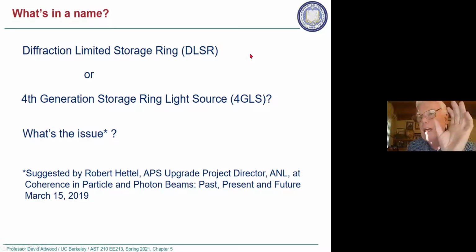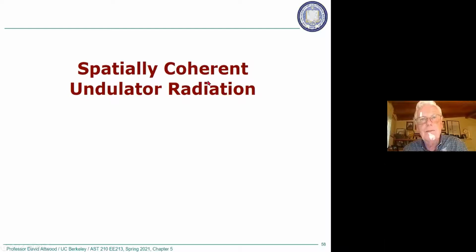You will not be satisfying that condition for full spatial coherence. Some people, in particular Robert Hettel of APS, who is also at SLAC, have suggested that it's not the best name. It's misleading. We're not really going to get to a diffraction limited storage ring. But at any rate, it is the name, and I think it's the name that's sticking as far as I can tell.